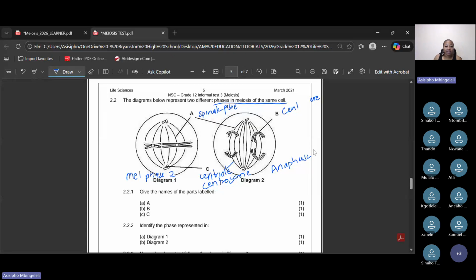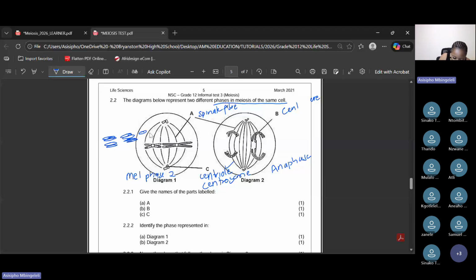In diagram 1, the chromosomes are arranged singly in the middle of the equator. So the reason we are saying it's metaphase 2 is that it's one chromosome next to another, next to another. They are not arranged in pairs. Remember, in metaphase 1, they will need to be in pairs, one chromosome with another in a pair, and then another pair, but here we're just having 2.